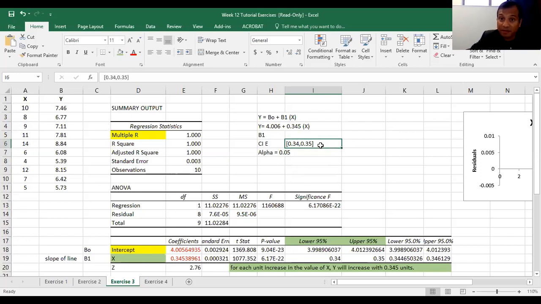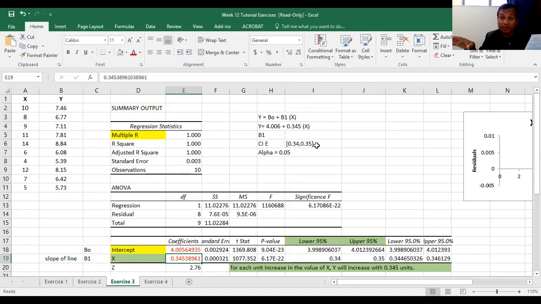In the slide, somewhere I mentioned that you need to look at the zero. Where is the zero? This is the interval for the slope, right? Slope lies between 0.34 and 0.35. Does zero lie in between?